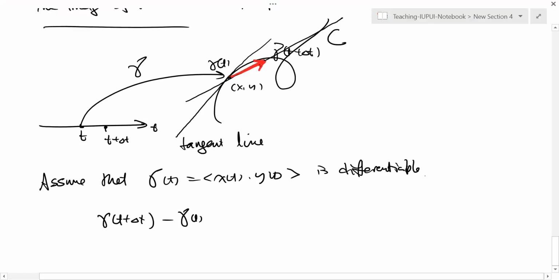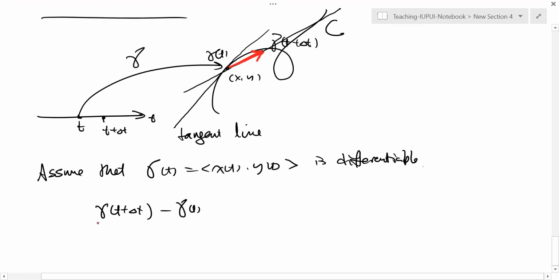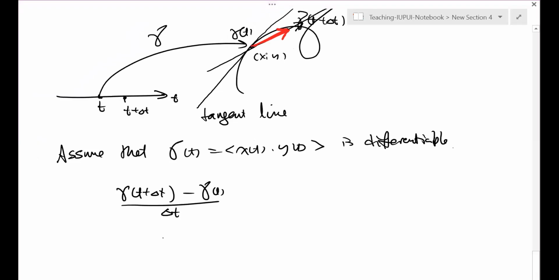But this vector is getting shorter and shorter when delta t approaches 0. So I normalize it, I divide it by delta t. It could be longer like this, to the point here.